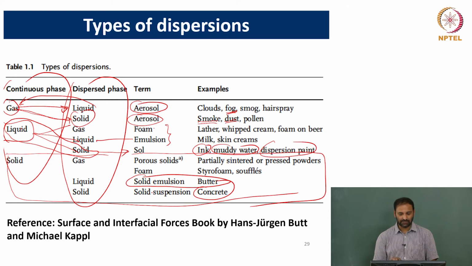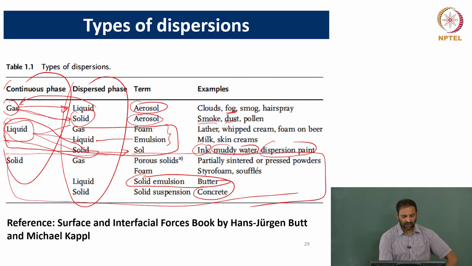But of course, these things people in other fields worry about. In a classic colloids course, we will mostly look at systems where your dispersed phase is either gas, liquid, or solid, and the continuous phase is liquid. That's what we're going to look at mostly.